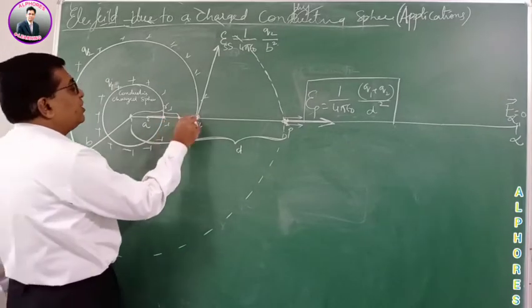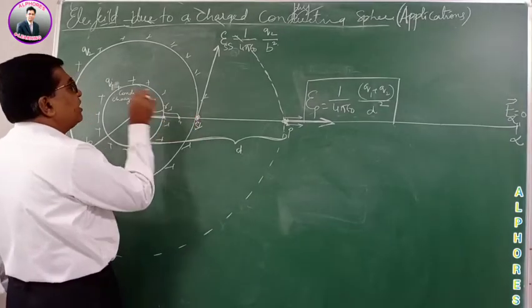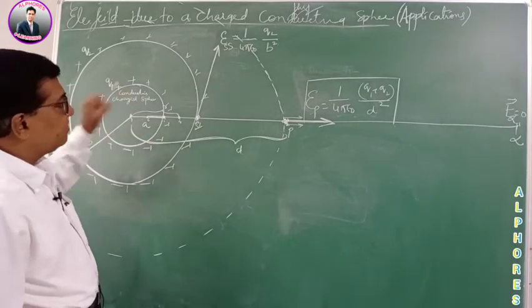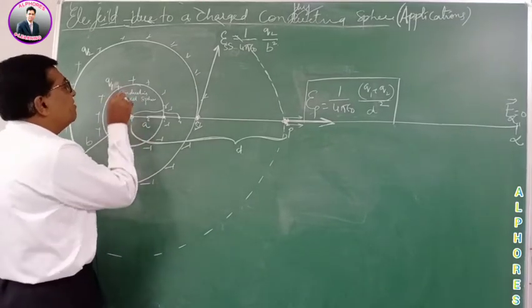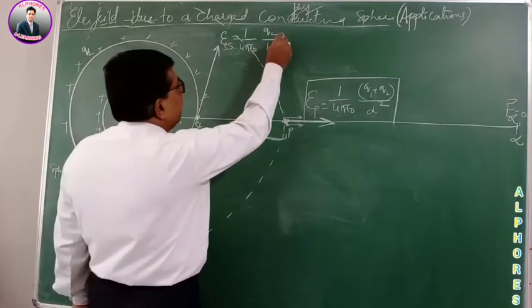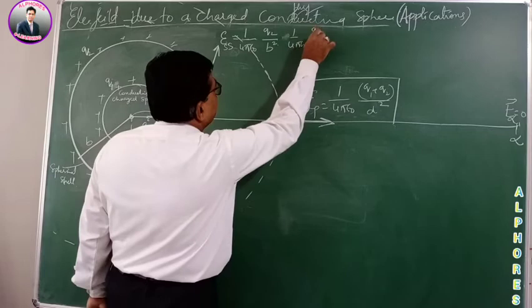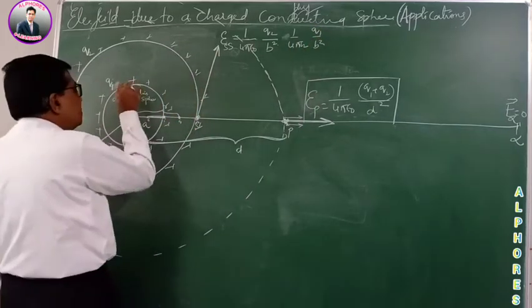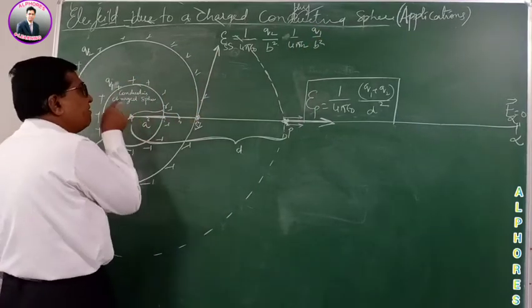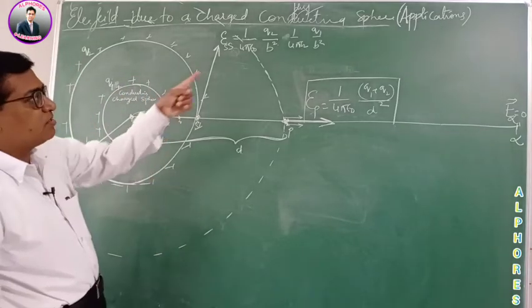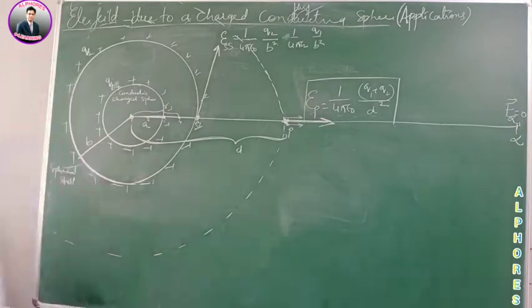Now the electric field at this point due to the conducting sphere: at any outside point, it behaves as if all the charge is concentrated at the center. The field due to this will be 1 by 4 pi epsilon naught, Q1 by b square. Charge is Q1, and the distance of the point is outside. For this conducting sphere, the point is outside, right? So for the outside point, it is like this.